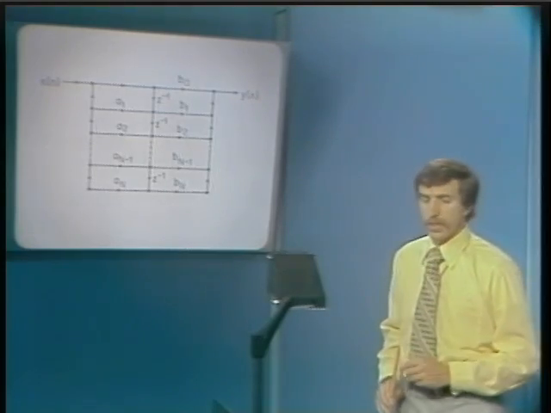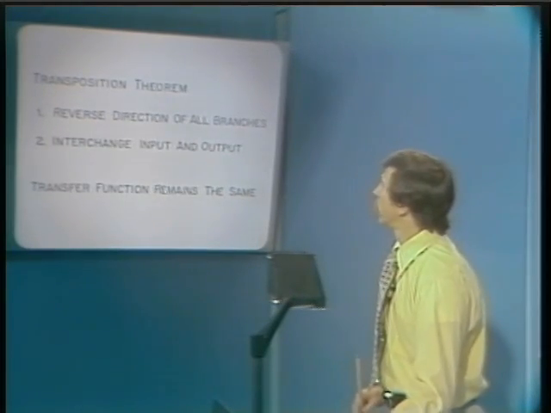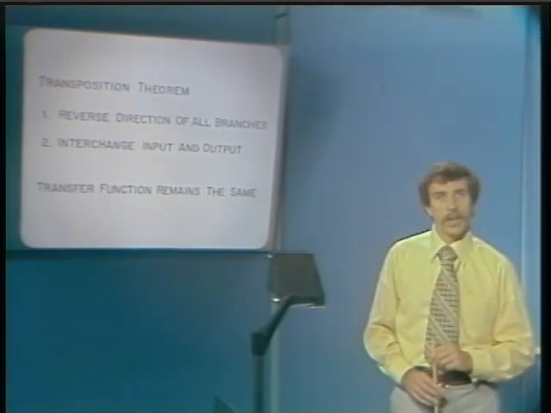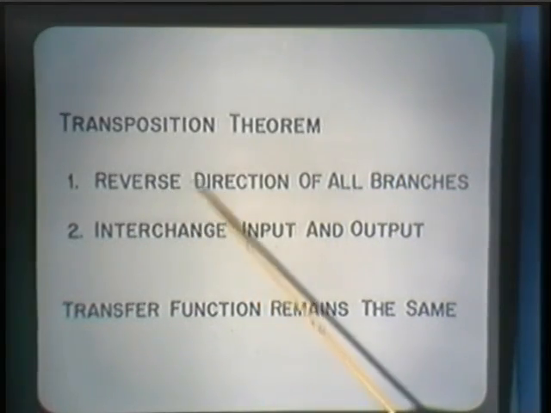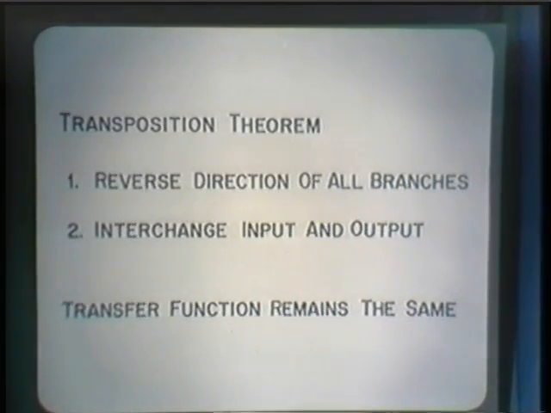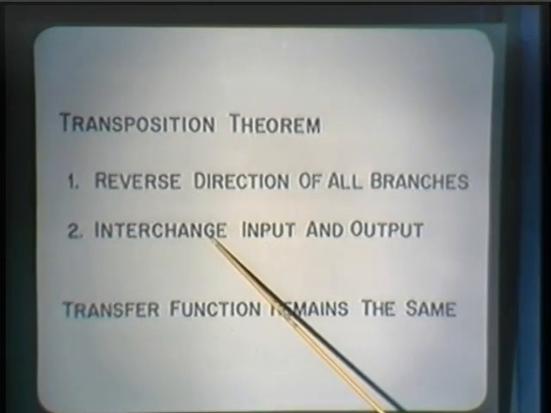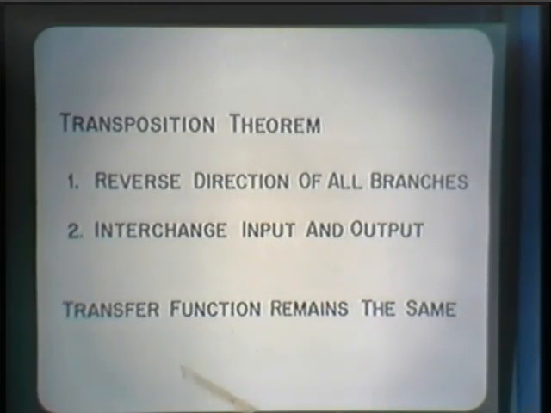What the transposition theorem says is that if we have a network that implements a transfer function, and if we simply reverse the direction of all of the branches in the network, and we interchange the input and the output, then the transfer function that results is exactly the same.